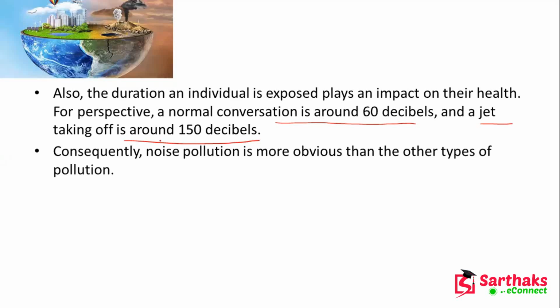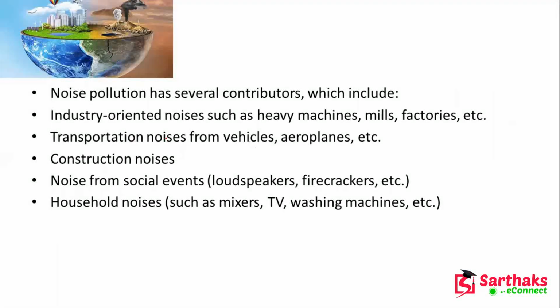So noise pollution is more obvious than other types of pollution. Now, noise pollution has several contributors, like industry-oriented noise, transportation noise from vehicles and aeroplanes, and jets also. From a jet, the noise released is 150 dB.